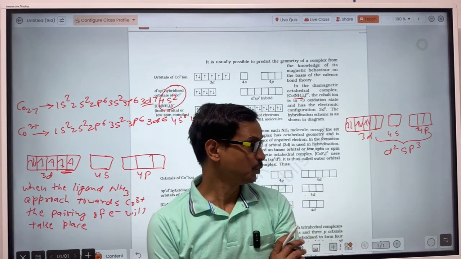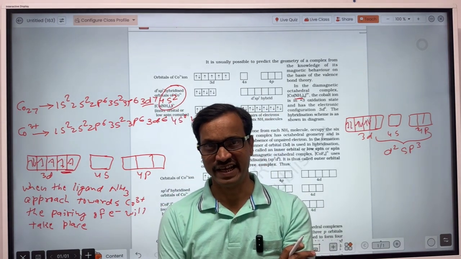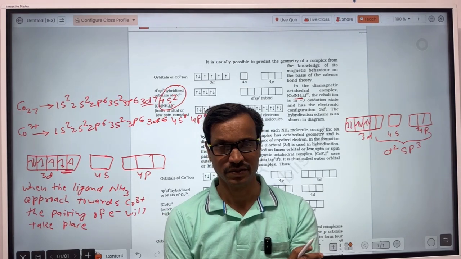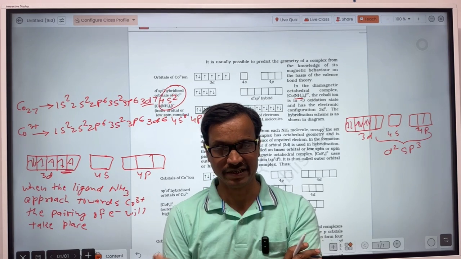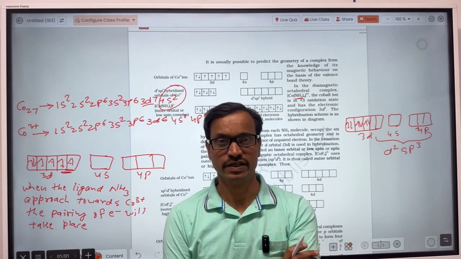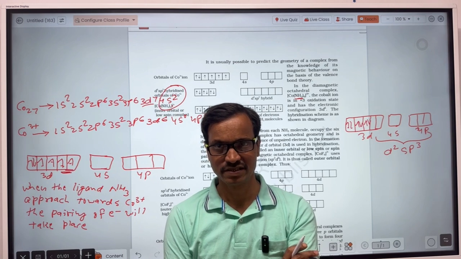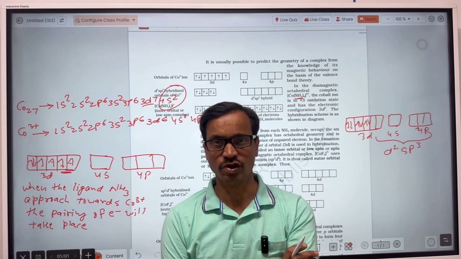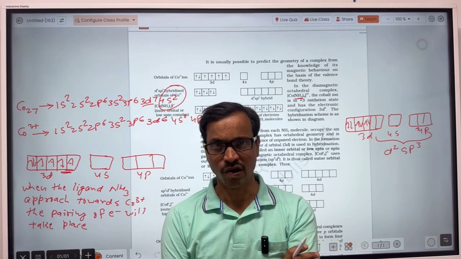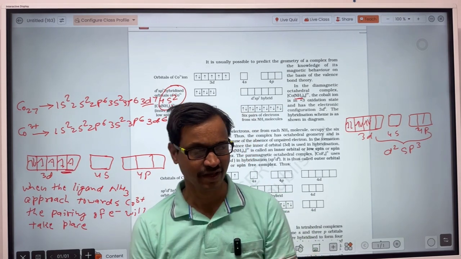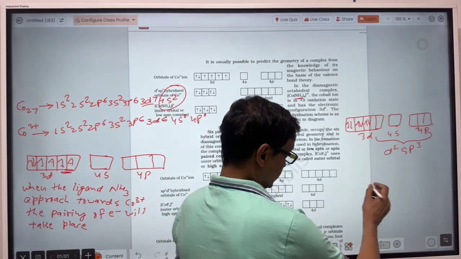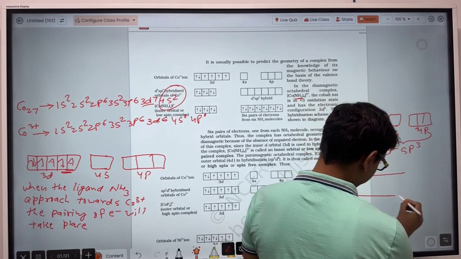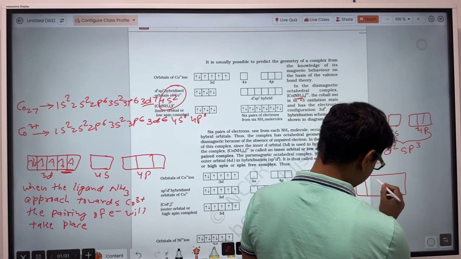The 6 d2sp3 hybridized orbitals will arrange in 3-dimensional space around the cobalt, so that when the electrons are present in those orbitals, they will experience the least repulsive force, and that will be when these orbitals arrange in octahedral geometry. So there will be formation of 6 d2sp3 hybridized orbitals.